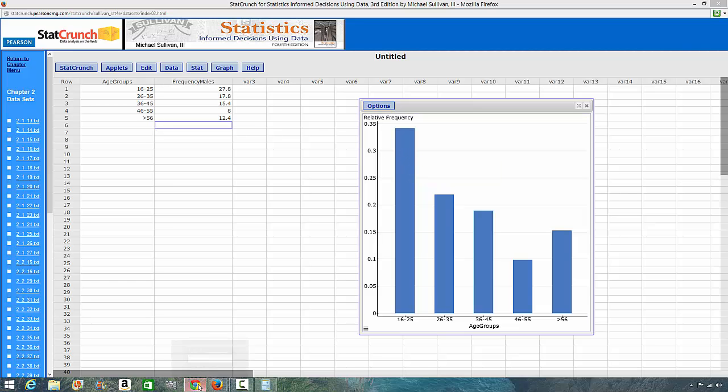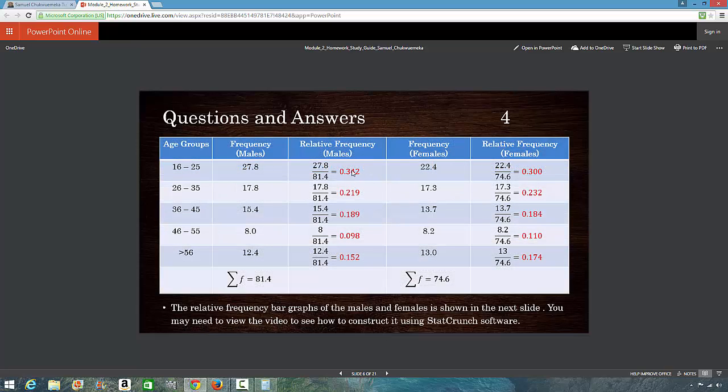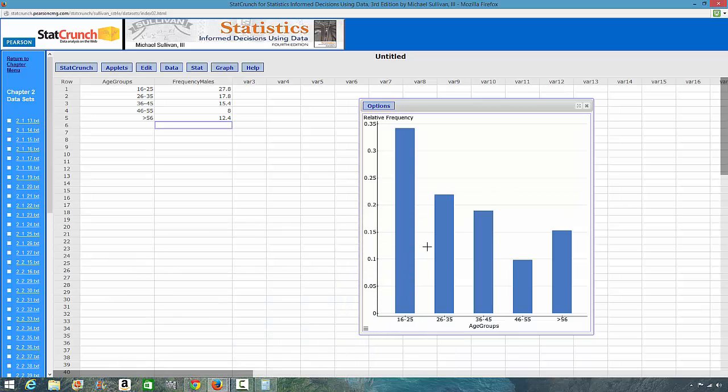That was what we got, right? The next one is 0.219. So when you point it, you actually get the relative frequency. You check that.